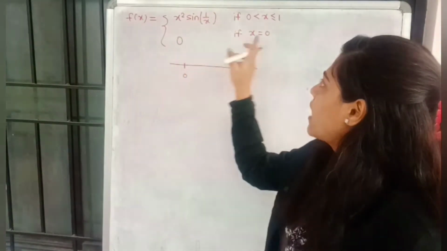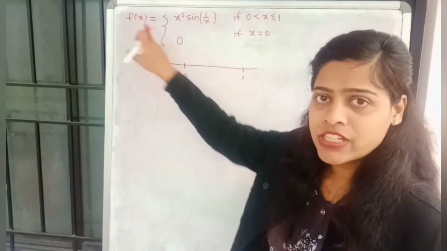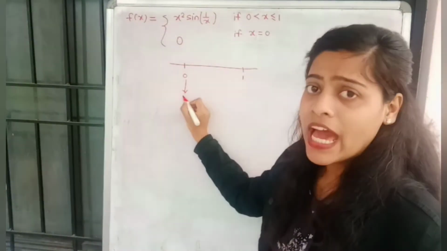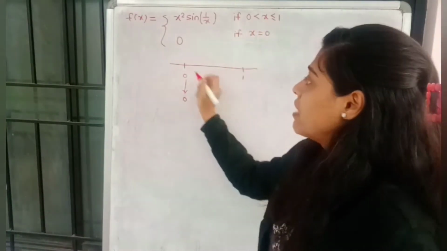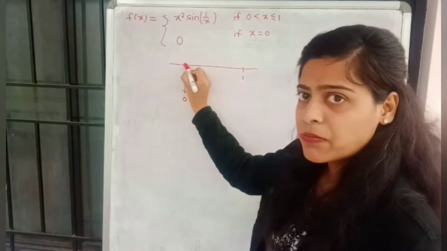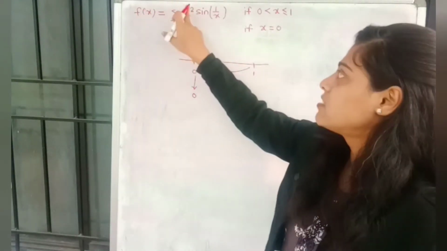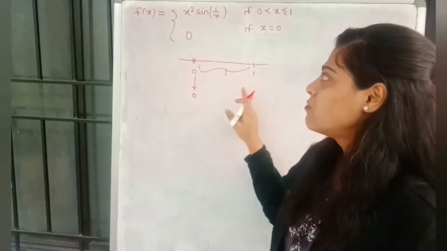At x = 0, f(x) = 0, and in between 0 and 1, f(x) = x² sin(1/x).